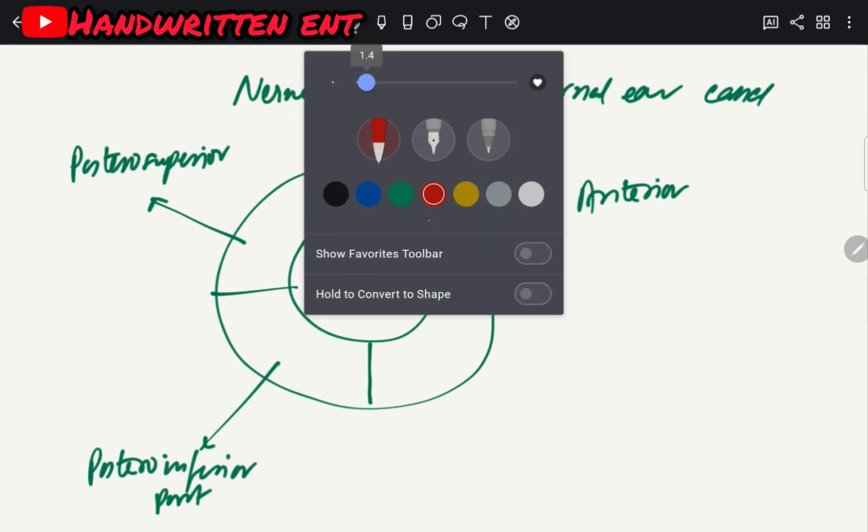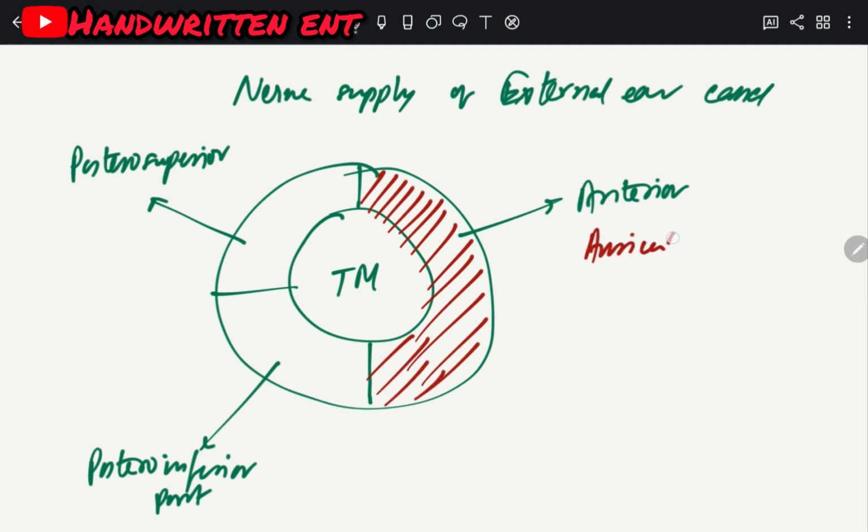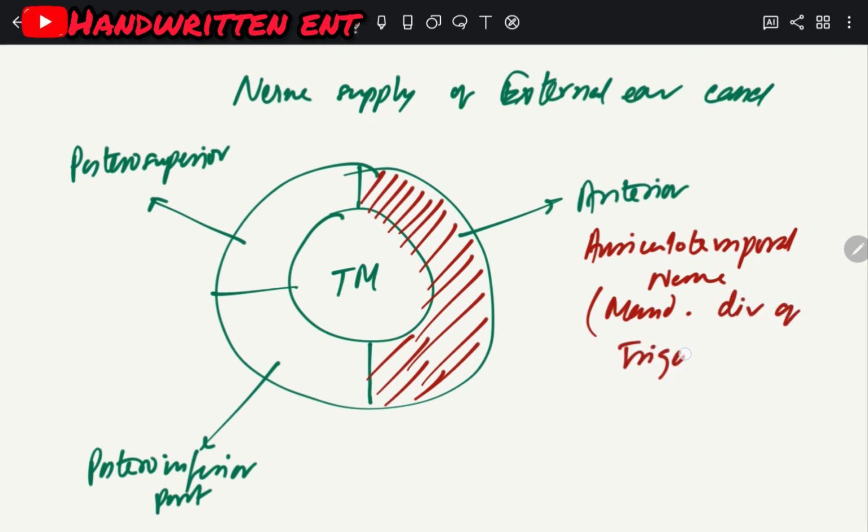The anterior part of the external ear canal is supplied by auriculotemporal nerve, again which is a branch of mandibular division of trigeminal nerve.